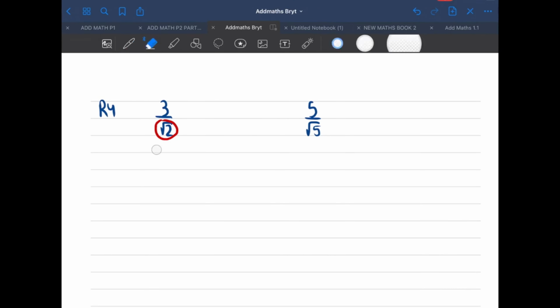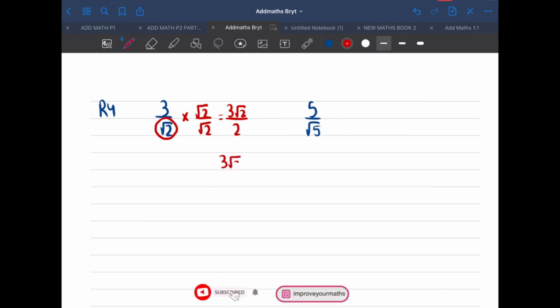How will I rationalize this? There's under root 2 written in the denominator, right? So you'll multiply both the numerator and denominator by it. So it's going to become 3 under root 2, and under root 2 into under root 2 becomes 2. So my final answer will become 3 under root 2 upon 2.